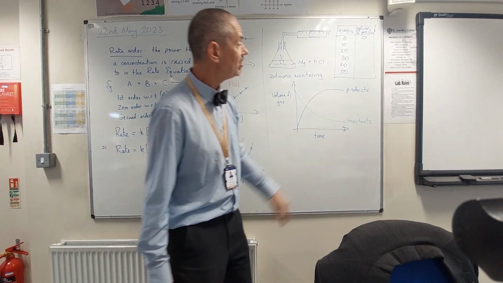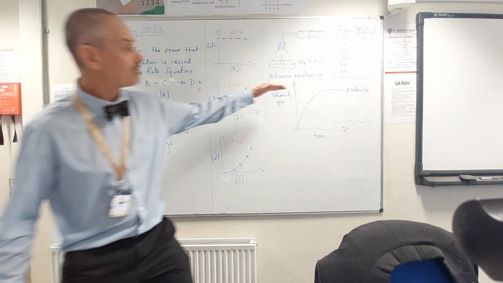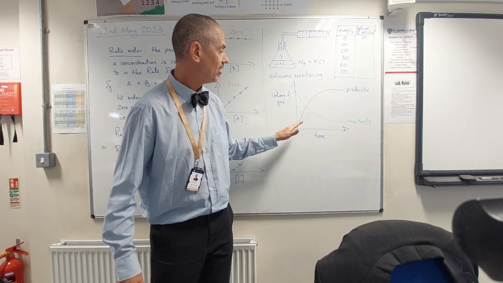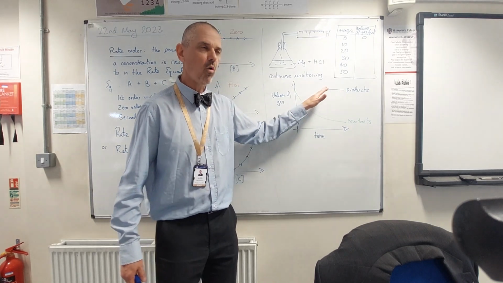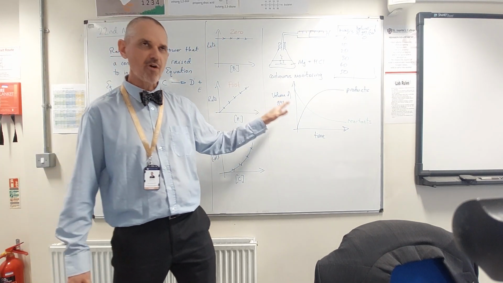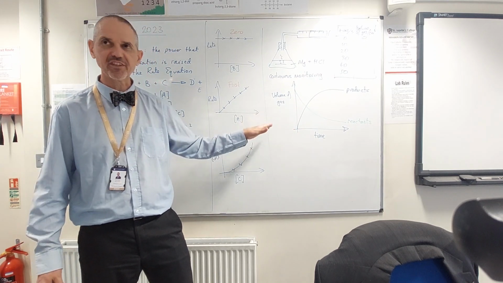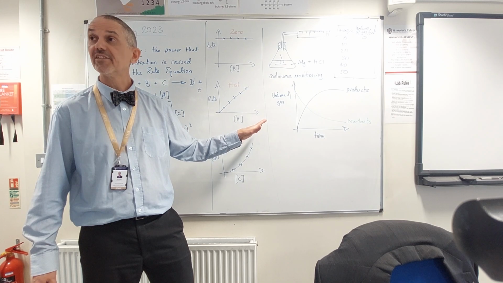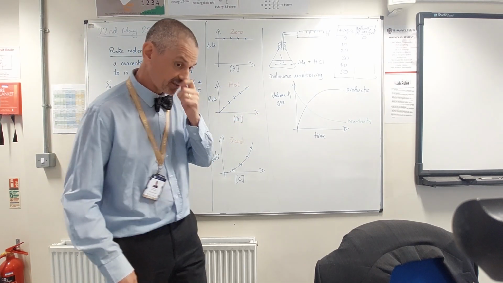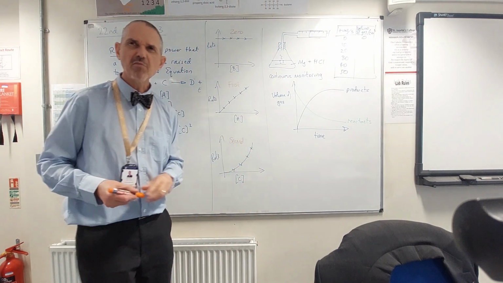Okay, so when it's level, when it's horizontal, the reaction has stopped. Okay, so fast, slow, stopped. What is represented as rate of reaction on this graph? The gradient.